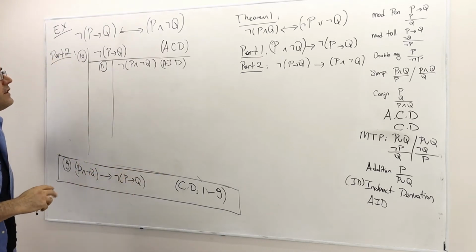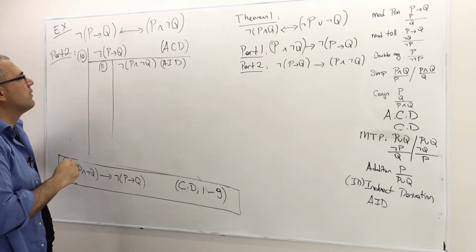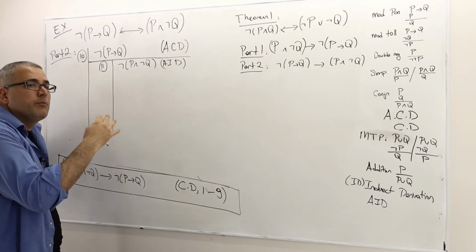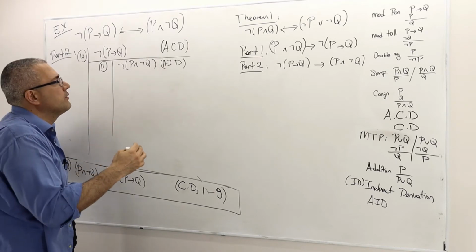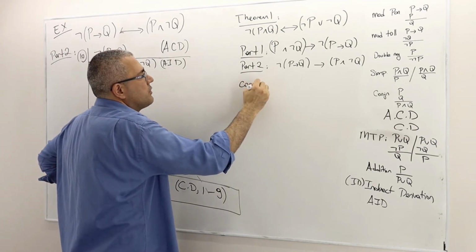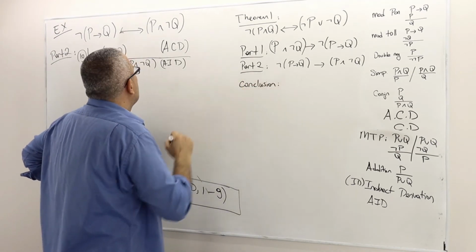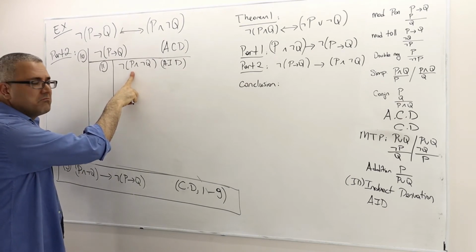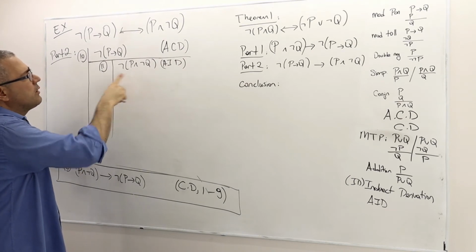Okay, but it doesn't seem like I can get a contradiction here, so maybe I should keep assuming, keep proving some other conclusions. So conclusion that I'm going to prove, for example, can I show that P is true? All right. Why do I want to show that?